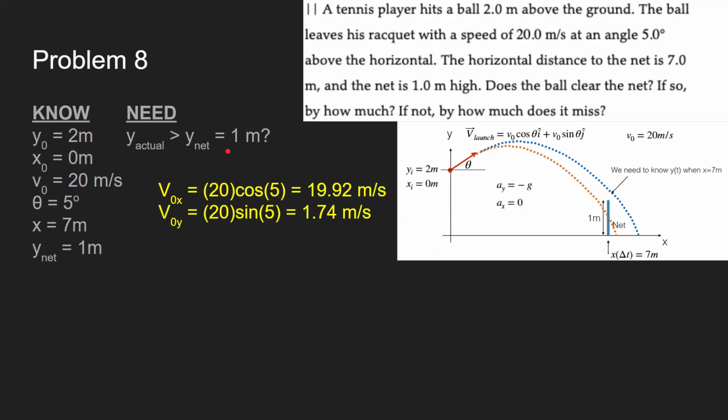So let's find the components of the initial velocity. What you do is you multiply the initial velocity times either cosine or sine, and in a situation like this, remember way earlier in the video, I said it's based off of what the angle is against. The angle is against a horizontal line. So if the angle is against a horizontal line, then cosine goes with x, sine goes with y.